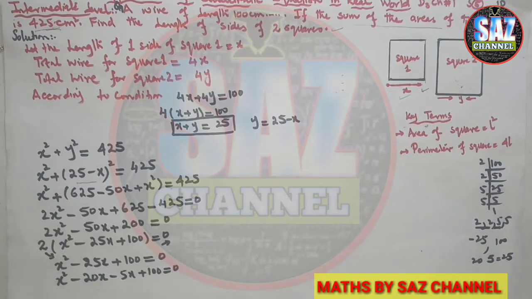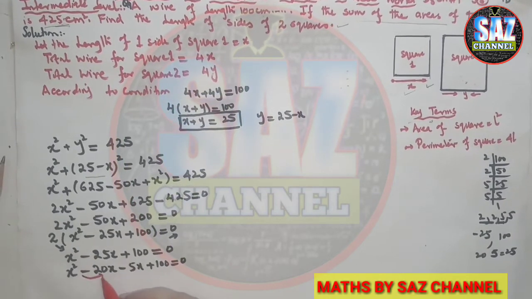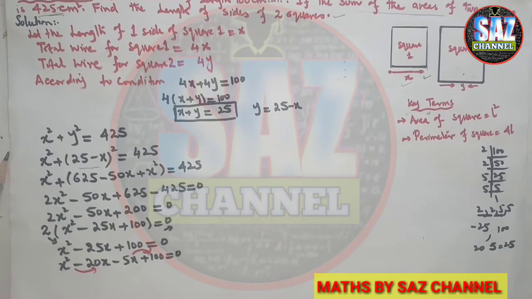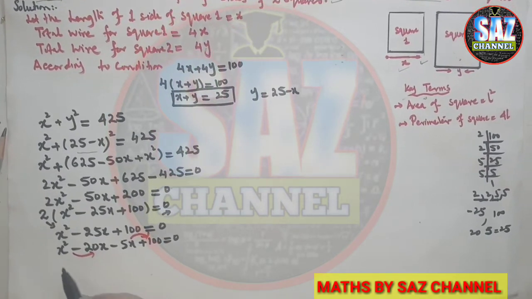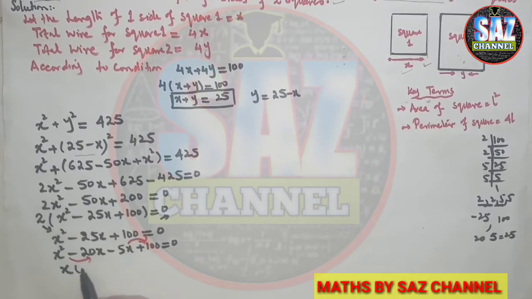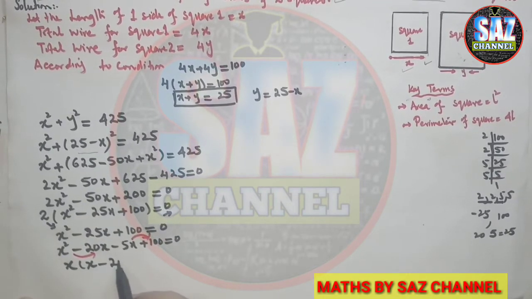Now my expression has been divided into 4 terms. So make the groups of like terms and extract some number or letter as a common factor. From the first group I take x out, and I am left inside the bracket with x minus 20.